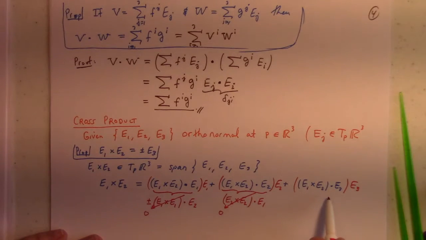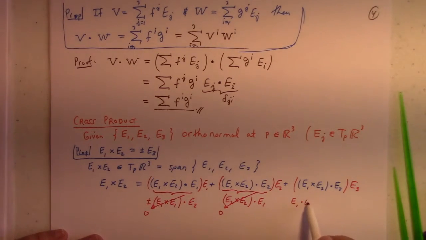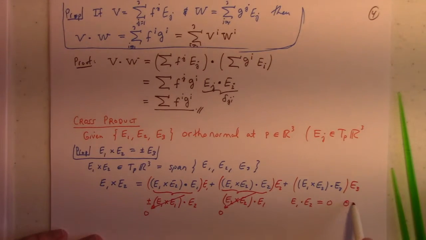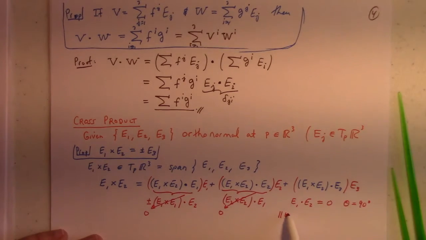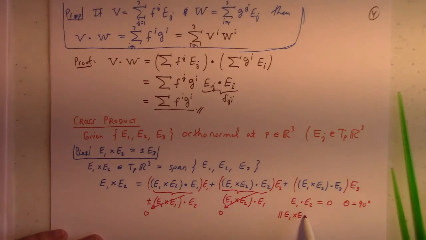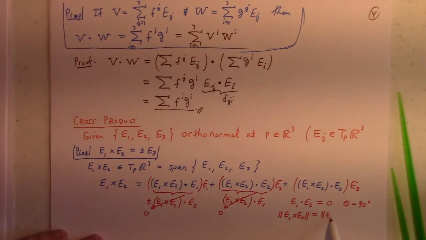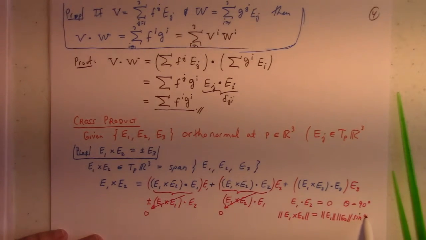And then, well, what else do we know? We know that E1 dot E2 is equal to 0, right? So that tells me that the angle between them is 90 degrees. But then the length of E1 cross E2 is equal to the length of E1, times the length of E2, times sine of 90 degrees. Aha!